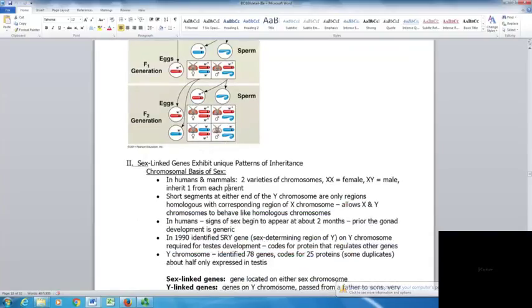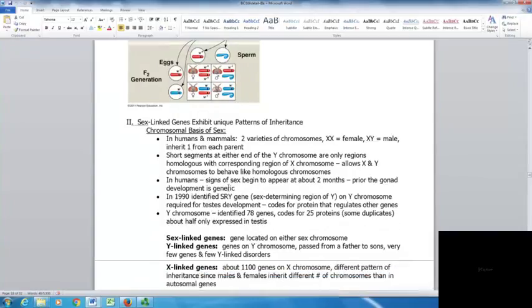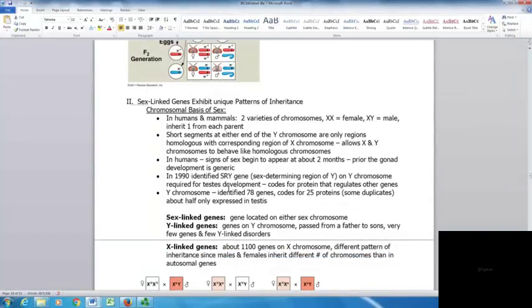So sex-linked genes are going to exhibit unique patterns of inheritance. The reason for this is in humans and mammals, you get 2 varieties of your sex chromosomes. 2 X's is going to be female, an X and a Y is going to be a male. You're going to inherit 1 chromosome from each parent.